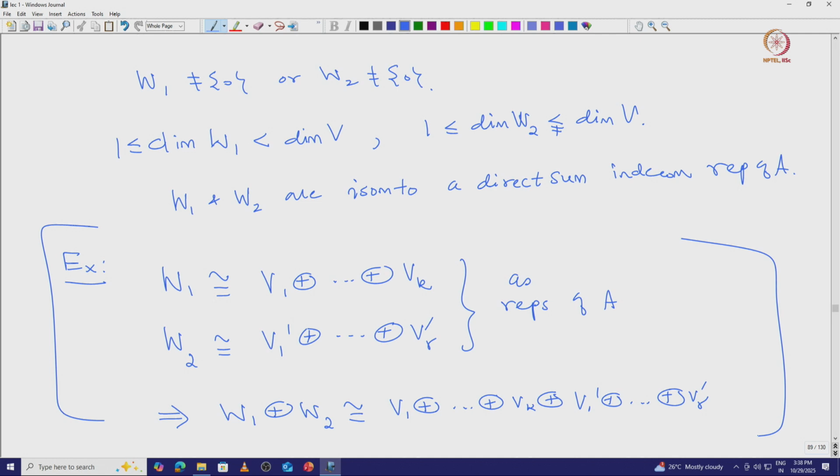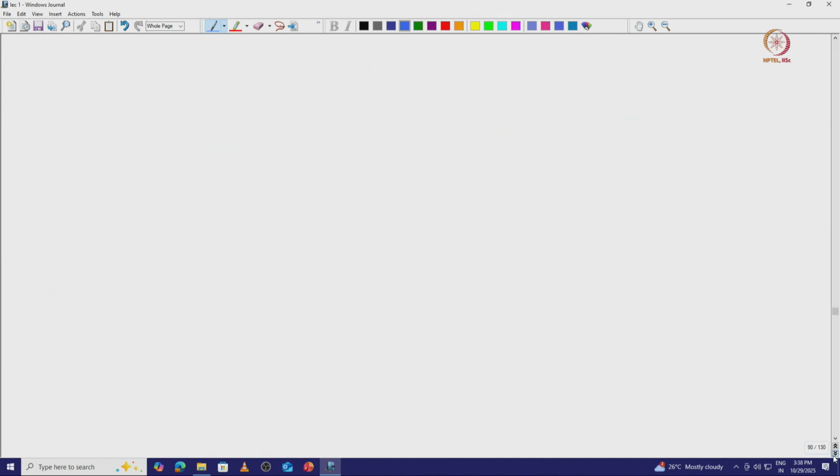Now, since each individual Vi and Vj dash is indecomposable, we get an indecomposable decomposition of this capital V. So, basically this result guarantees that any finite dimensional representation can be written as a direct sum of indecomposable representations.